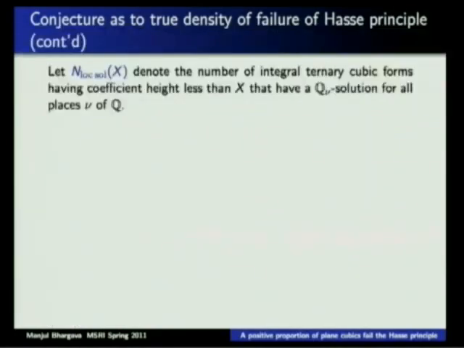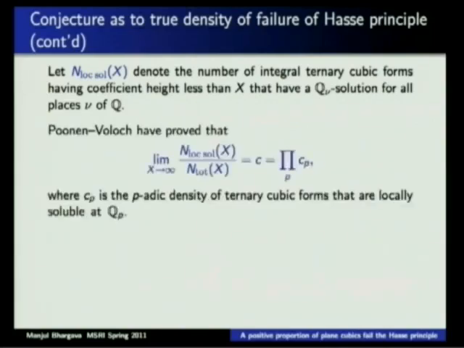So let n locally soluble of x denote the number of integral ternary cubic forms of coefficient height less than x that have a local point at all places. Okay. Then Poonen and Voloch proved in that paper that I mentioned that if you take the asymptotic proportion of the locally soluble things over all things, that approaches a definite limit, C, which is the product of the local densities of locally soluble ternary cubic forms.